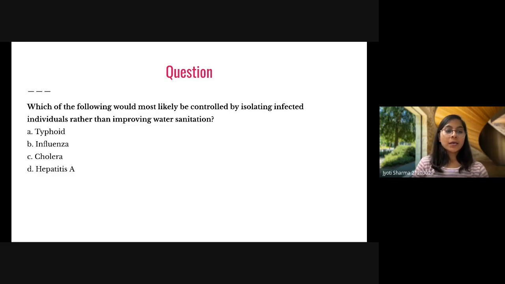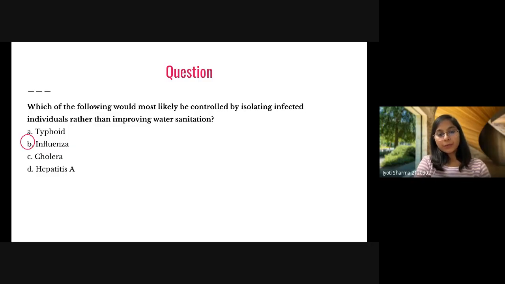The options are typhoid, influenza, cholera, hepatitis A. So, which of the diseases can we control by isolating the infected individual rather than improving water sanitation? You gave me answer D, and this is influenza.